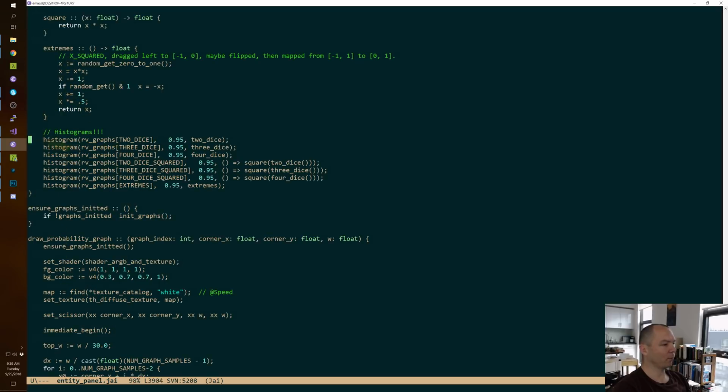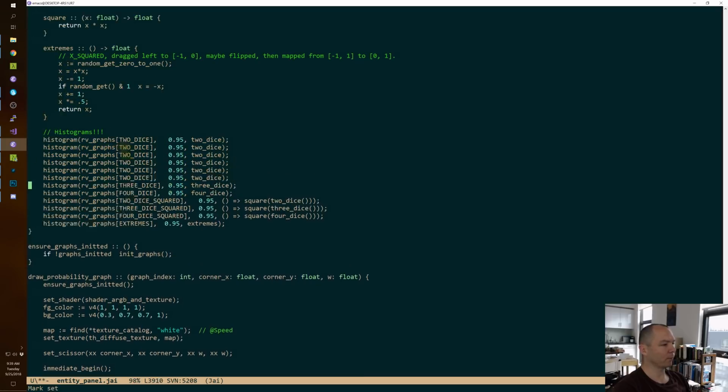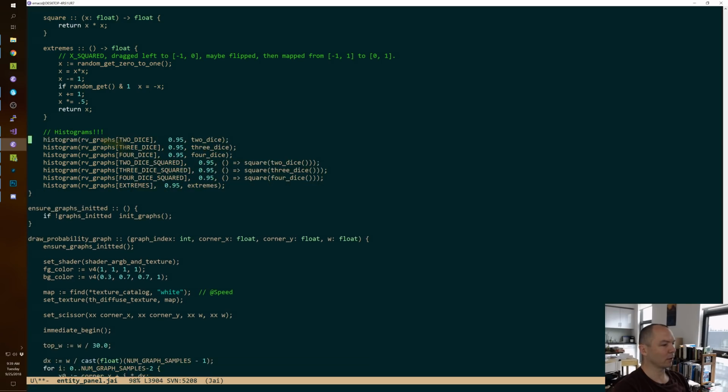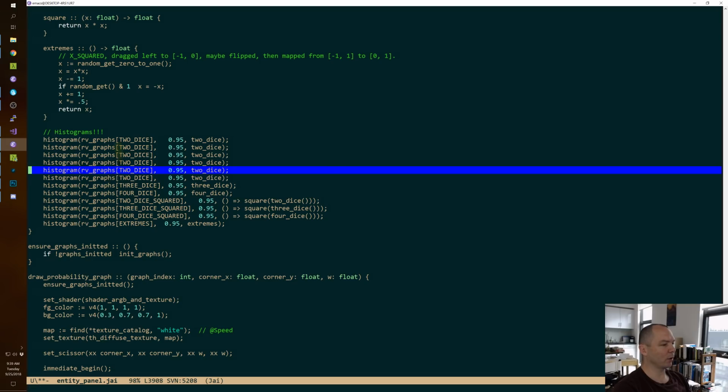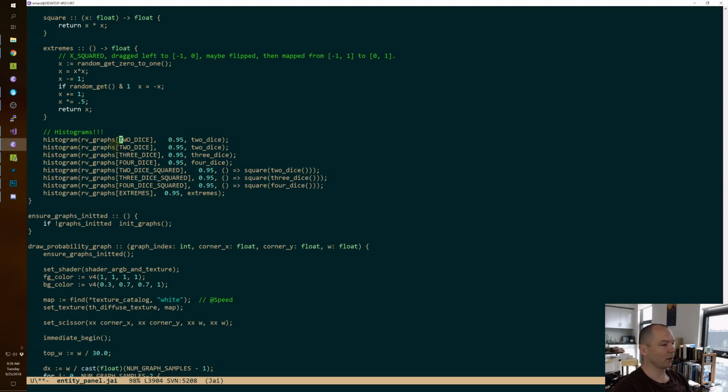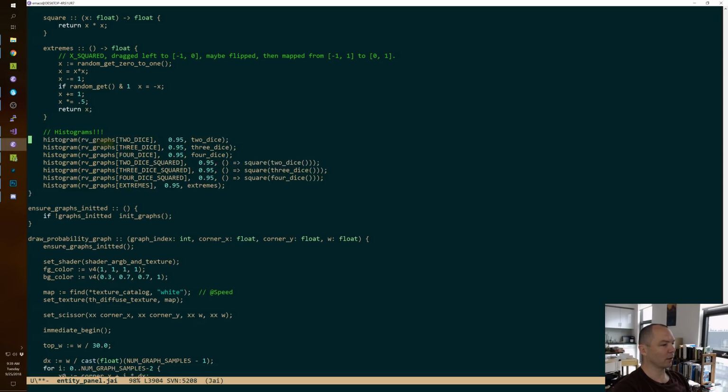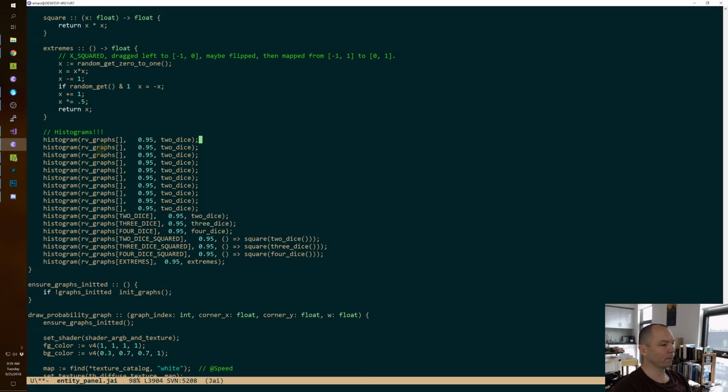So we're going to histogram uniform, x squared, x cubed, x fourth.